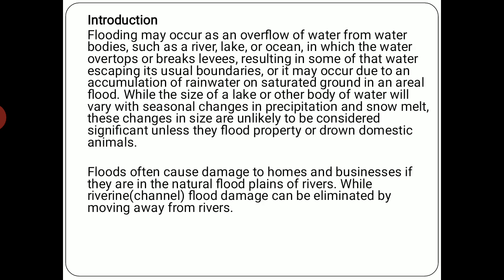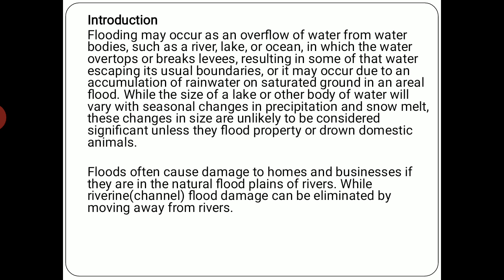While the size of the lake or other body of water will vary with the seasonal changes in the precipitation and snow melt. That means sometimes it may happen that in a rainy season, because of too much rain, the water bodies cannot contain it, that means there is water flow or maybe overflow of the water, right? Or in the case of much snow melt, there is significant flow of water, and that drowns or submerges the land also.